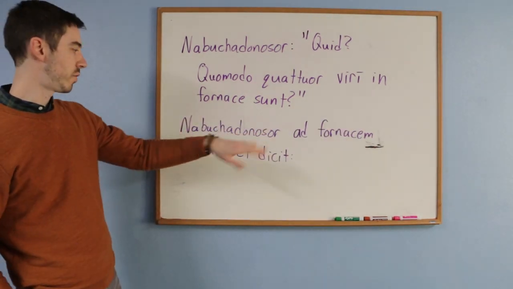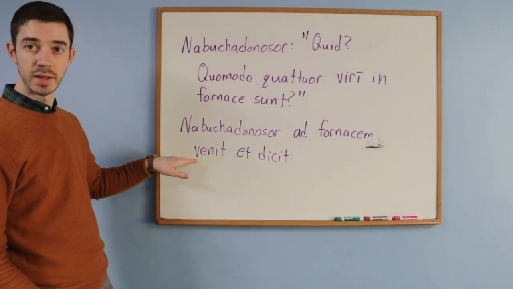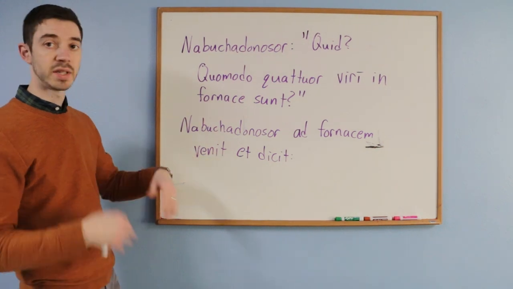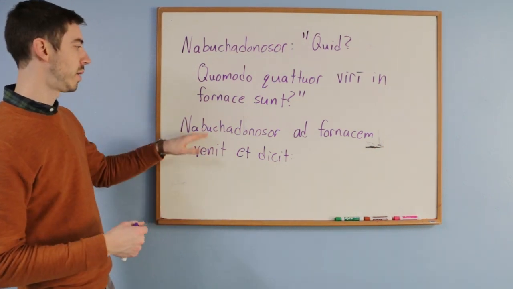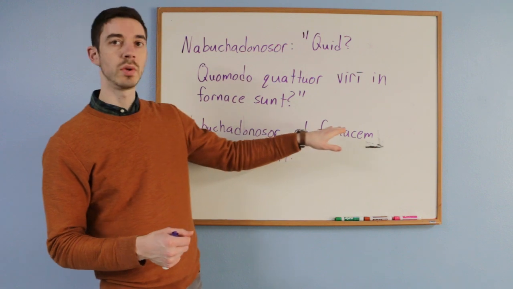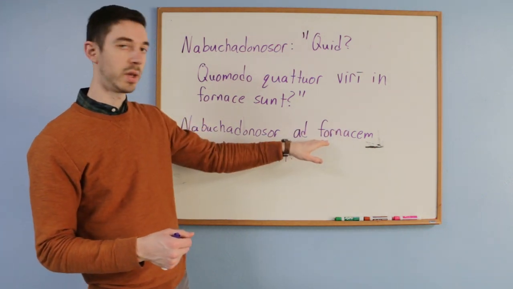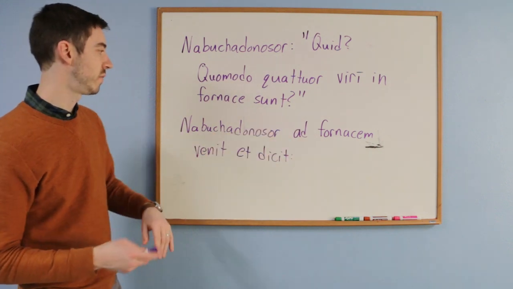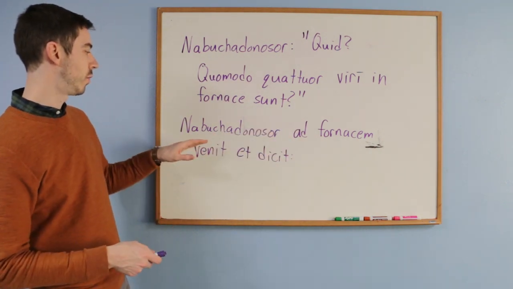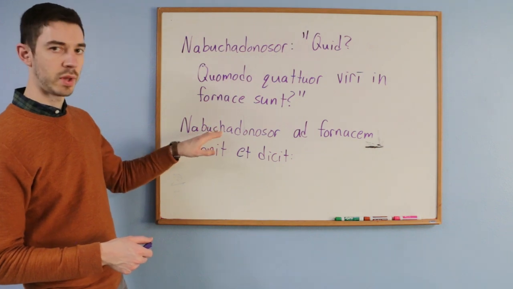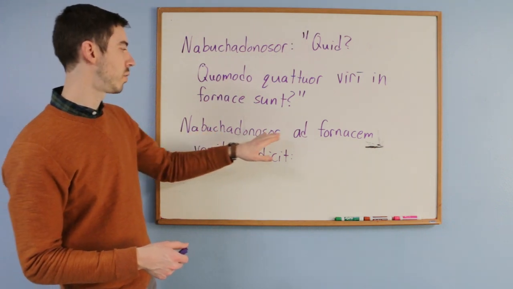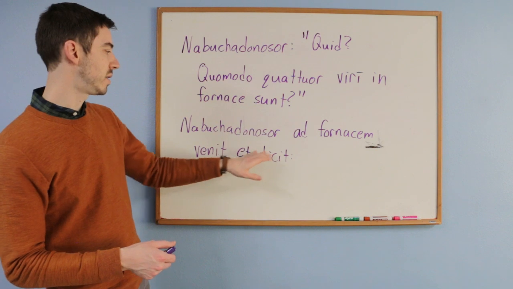So, Nebuchadnezzar, he does what? He venit, that means he comes. So Nebuchadnezzar, he comes ad fornacem, to the furnace. Remember, ad plus accusative means to or towards. So, I don't remember if I read the whole sentence. Nabuchodonosor ad fornacem venit et dicit.